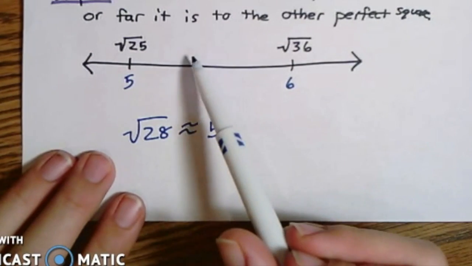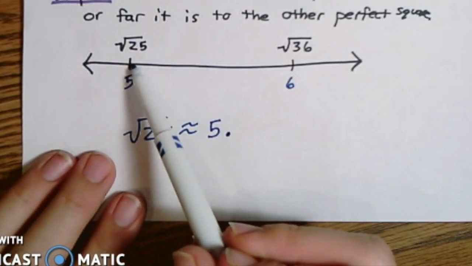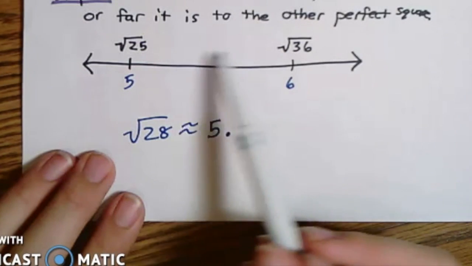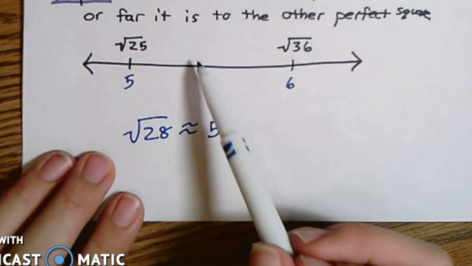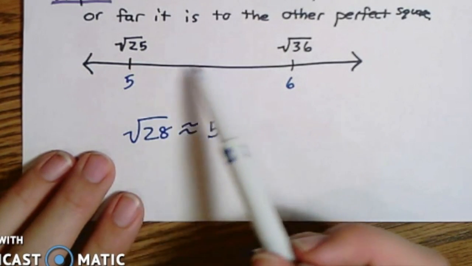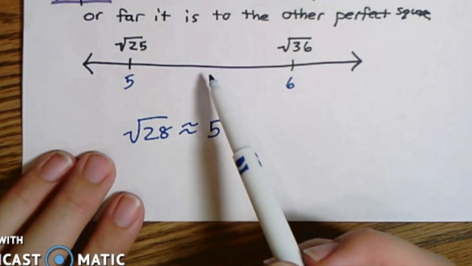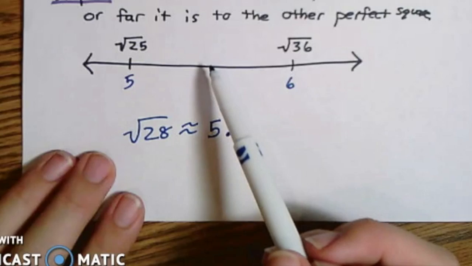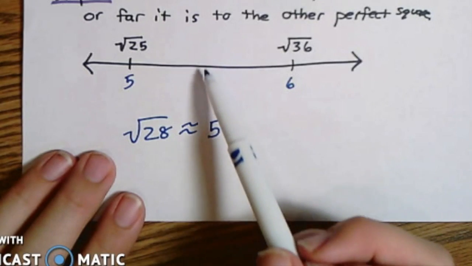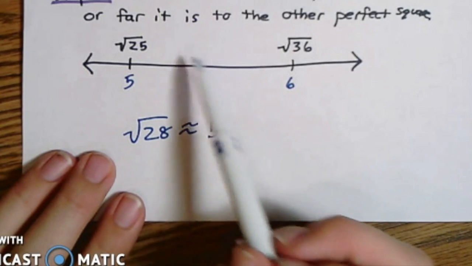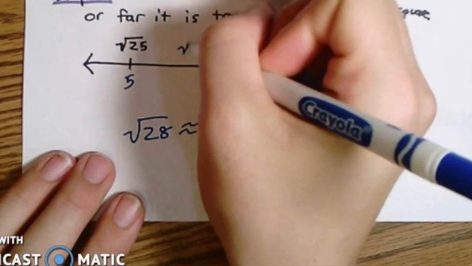So would the square root of 28 be closer to 25, or would it be closer to 36? First, to find that, I usually try to look for about what's in the middle of these two numbers. So between 25 and 36 is going to be about 30, a little bit more than that. So 28 is going to be less than half. So I'm going to write it in about right here.